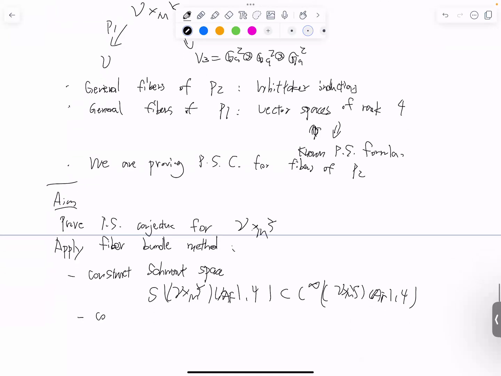And then we should be able to construct the Fourier transform by combining the two Fourier transforms from the fibers and prove it has the correct equivariance property.